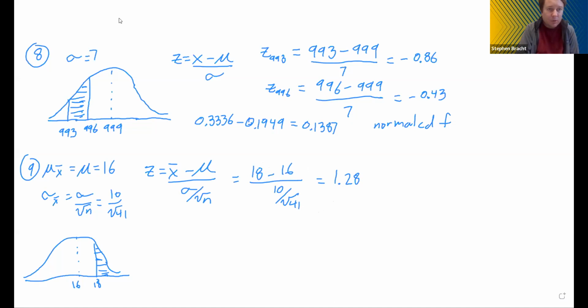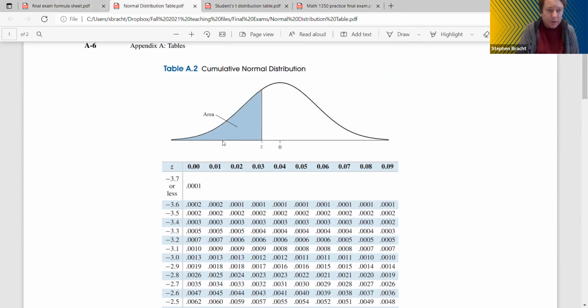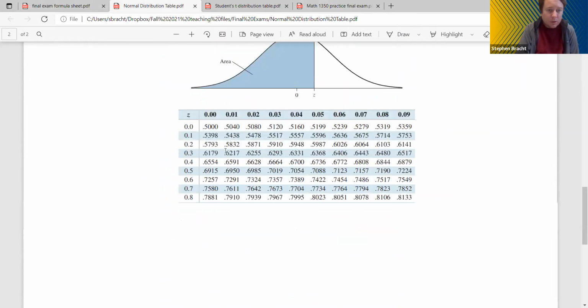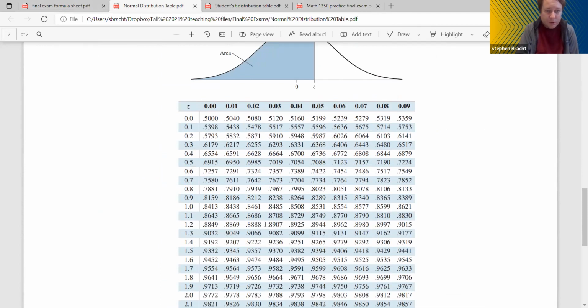So I have 1.2 and come over here till I'm underneath 0.08. I get 0.8997, and I'll take 1 minus that. So 1 minus 0.8997.